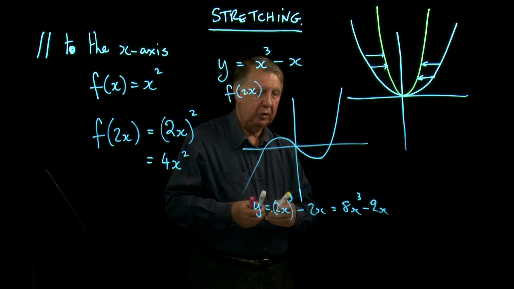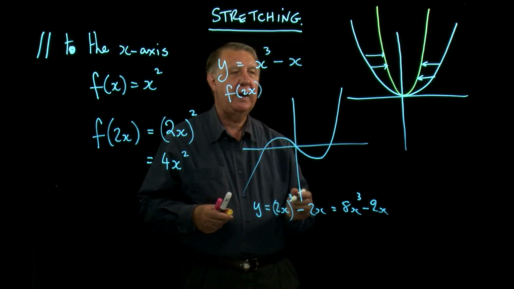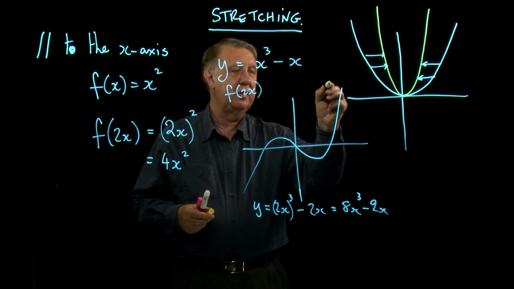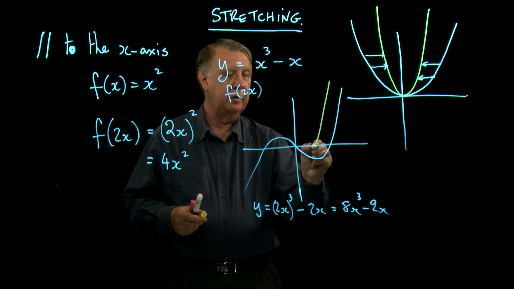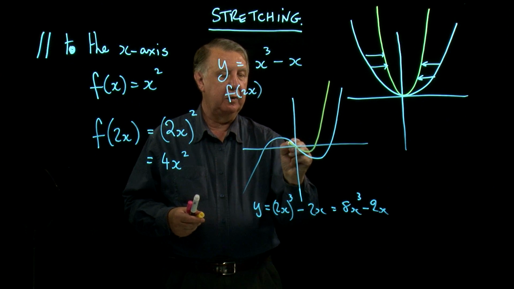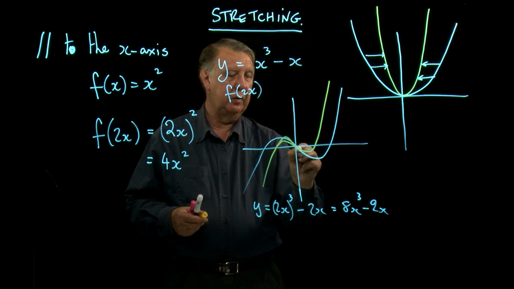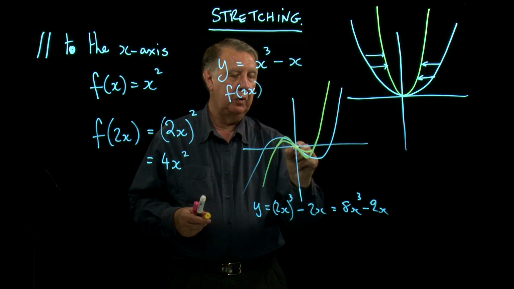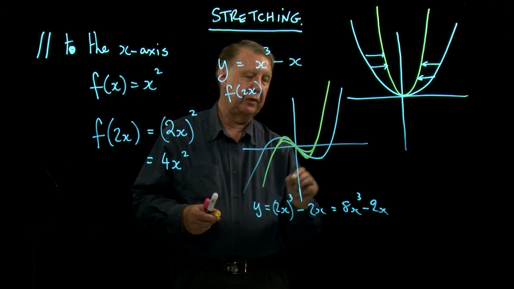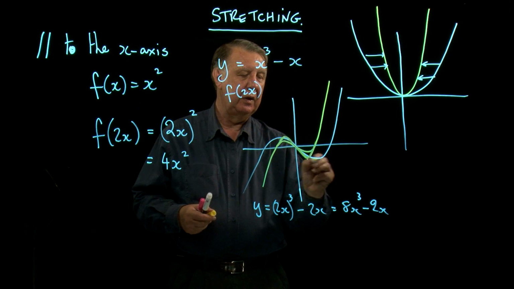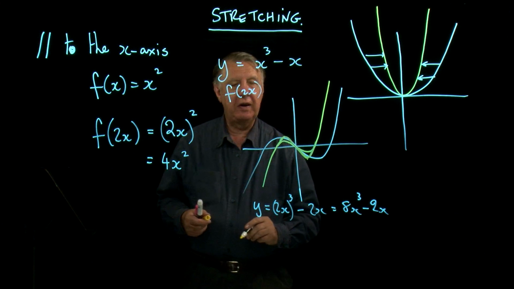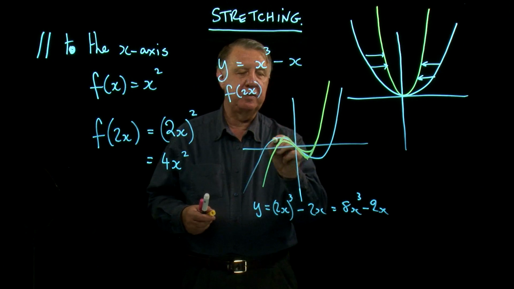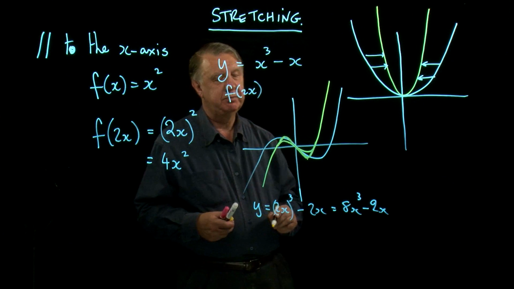And if you then had to sketch that, you would find it does, that's not very well drawn there, and that's not very well drawn there. So ignore my little mistakes there. This is meant to be as low down as that, and this is as high up as that.